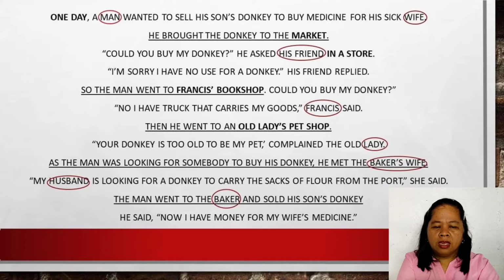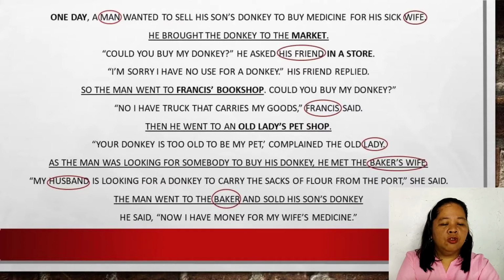"Could you buy my donkey?" "No, I have a truck that carries my goods," Francis said. Then he went to an old lady's shop. "Your donkey is too old to be my pet," complained the old lady. As the man was looking for somebody to buy his donkey, he met the baker's wife.